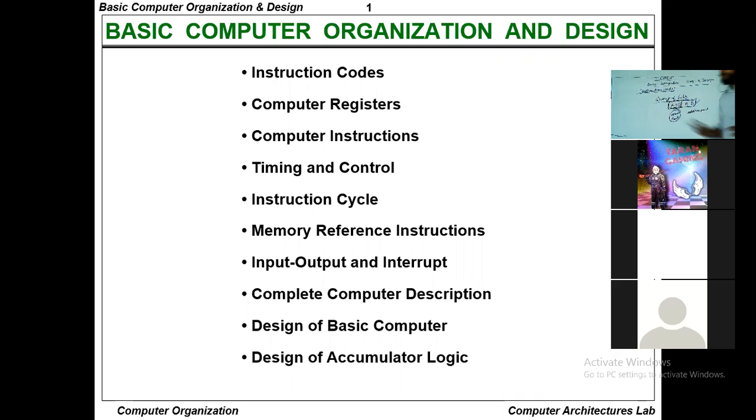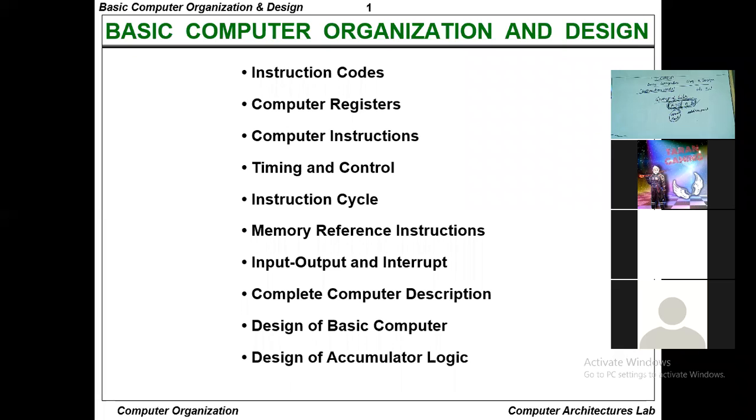And this instruction is represented in बिट्स, मीन्स 0 1 की फॉर्म में इस इंस्ट्रक्शन को हम रिप्रेजेंट करते हैं 0 1 की फॉर्म में. ओके, सो इंस्ट्रक्शन कोड क्या हो गया? What is instruction code? It is a group of bits which instruct the computer to perform a particular operation.